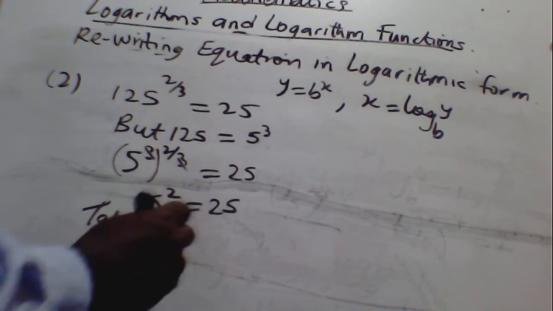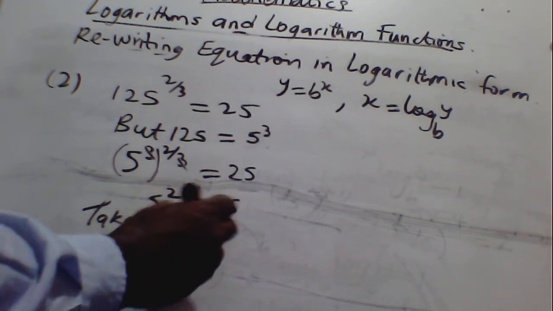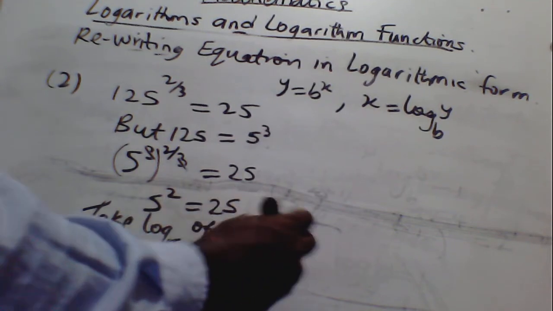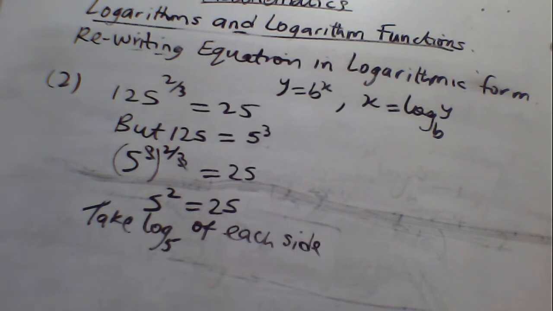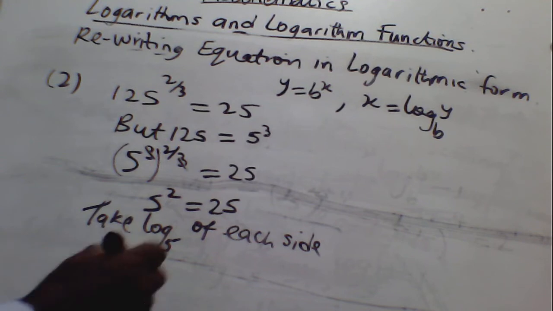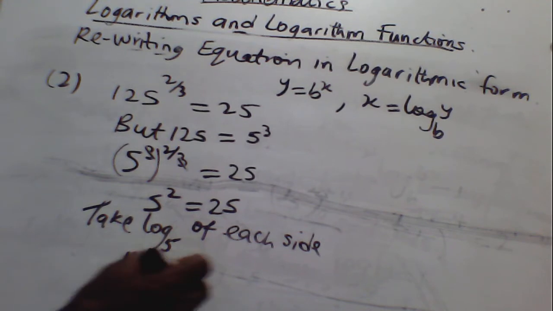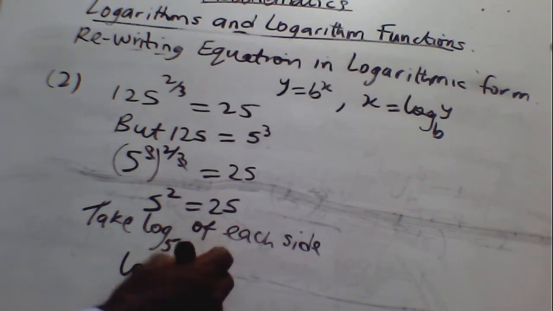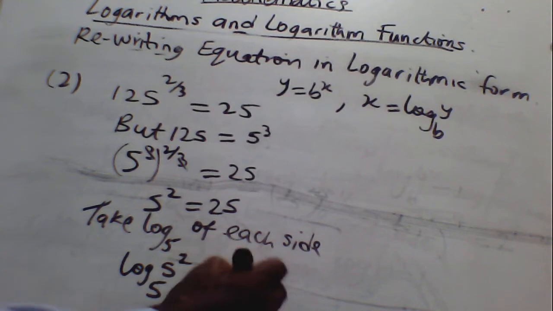In this case, you can now take log to base 5 of each side. If you take log to base 5 of each side, we have 2 log 5 to base 5 is equal to log 25 to base 5.